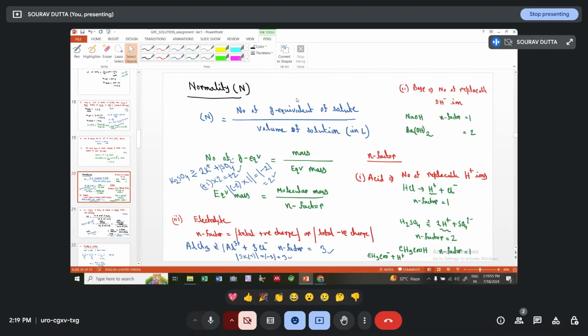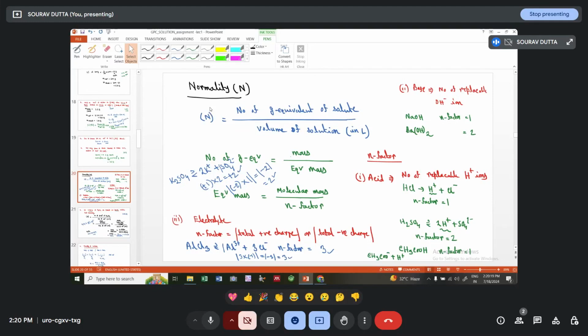Now I am moving to the next interesting concentration unit, that is normality. Normality, molarity, molality, these terms are very important for theoretical any exam purpose and during your laboratory experiment and also during your interview. So this concept is very, very important.